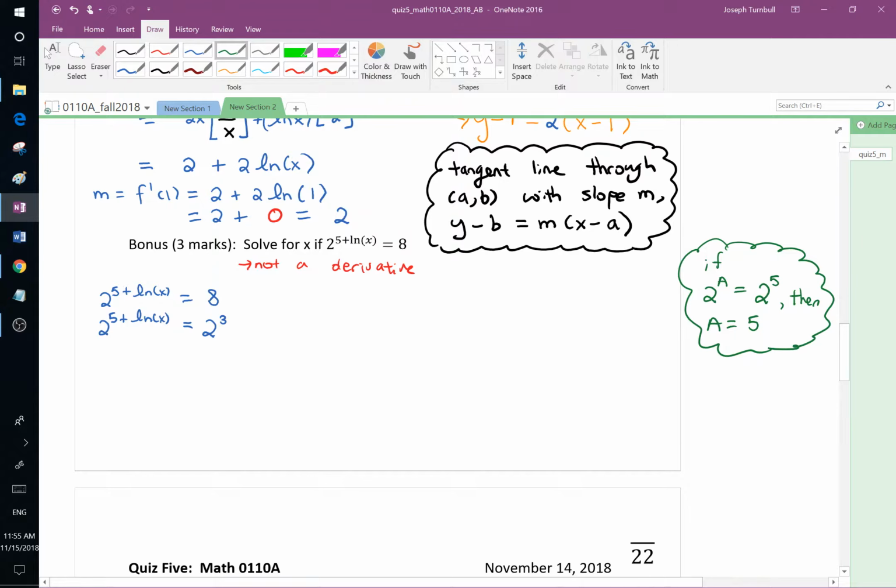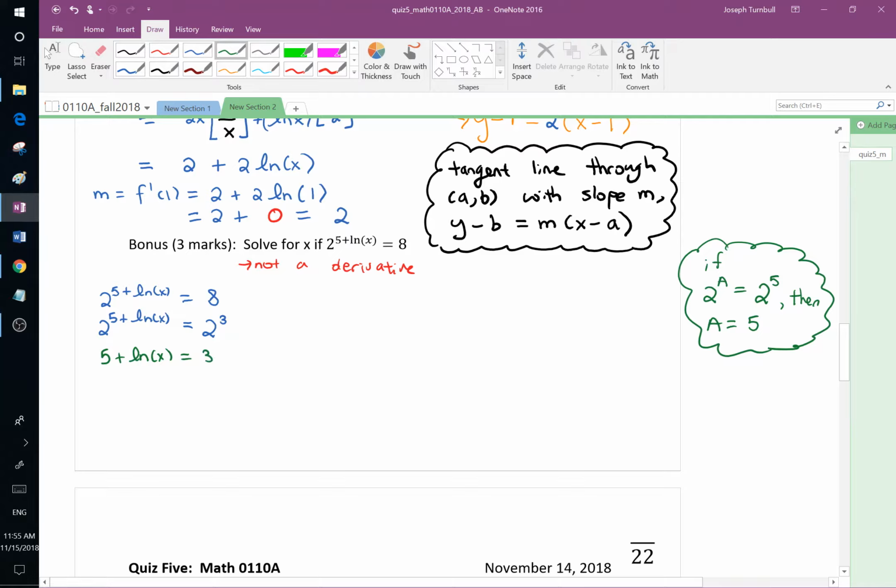The only way that that statement can be true, the only way that the equal sign can be correct, is if a is 5. And the same thing's happening here on the left-hand side. That we have 2 to a power is equal to 2 to a power. The only way those two things can be equal is if the powers are equal, because the bases are the same. So 5 plus the ln of x is equal to 3.